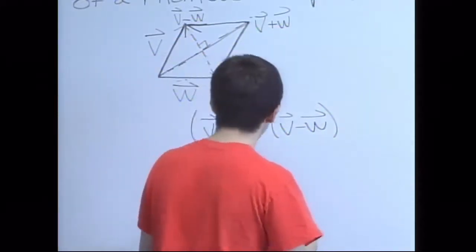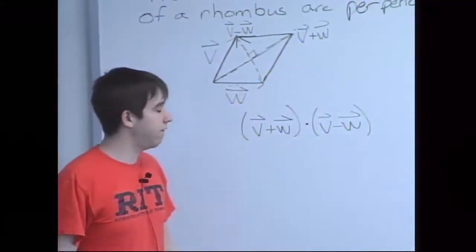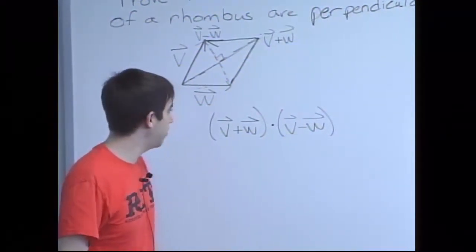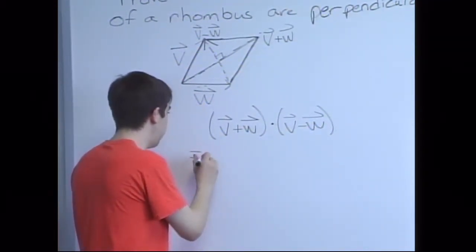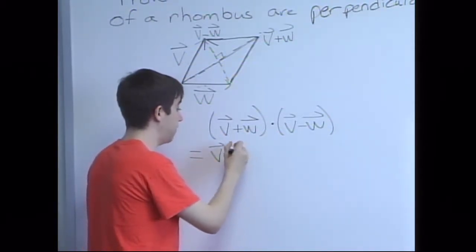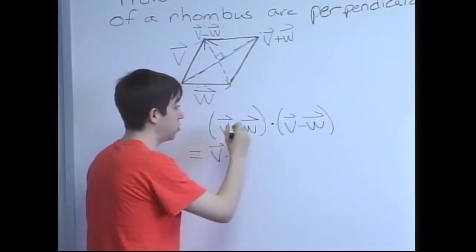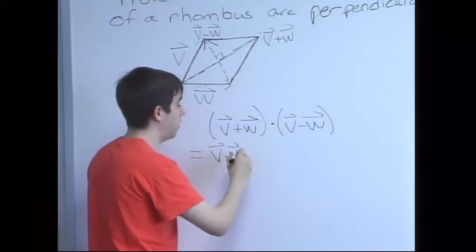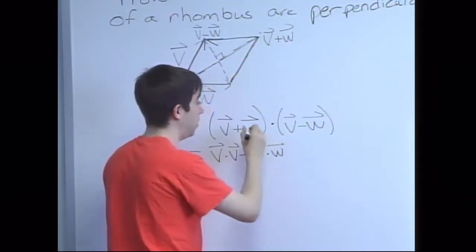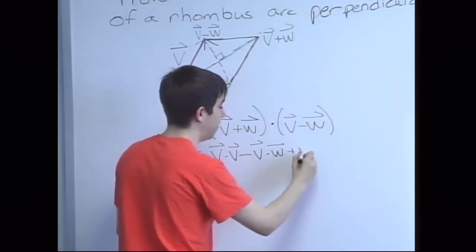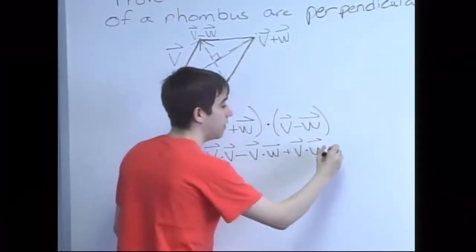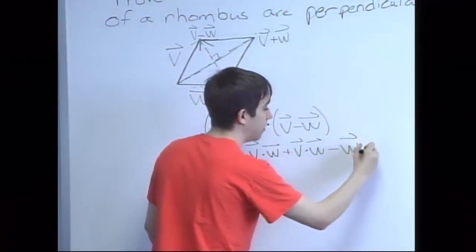Since the dot product is distributive, we can FOIL this. So this is equal to v dotted with itself, that's first, minus v dotted with w, outer, plus v dotted with w, inner, minus w dotted with w, last.